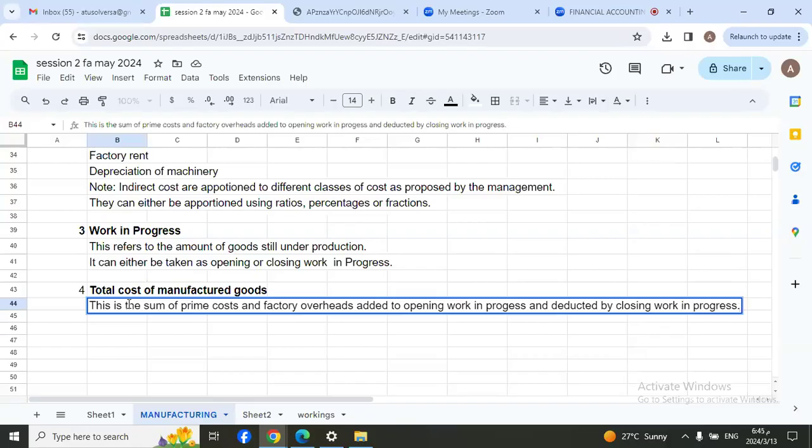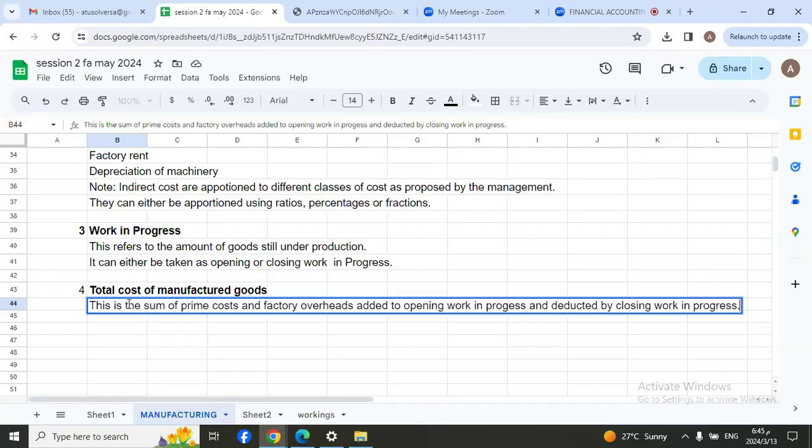So this one summarizes all that we are going to do. We get the sum of prime costs, we add the factory overheads, we add the opening work in progress, and we deduct our closing work in progress. We get our total cost of manufactured goods.